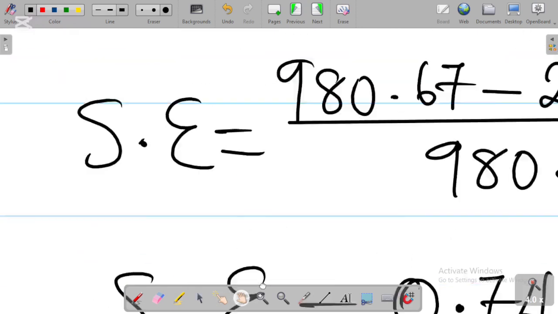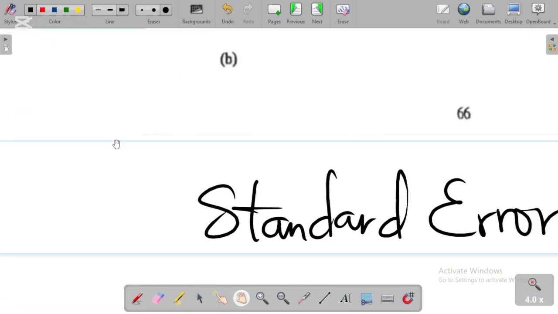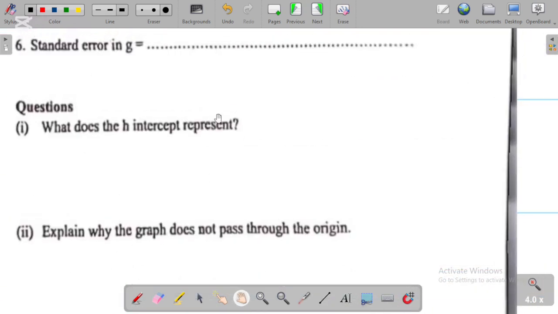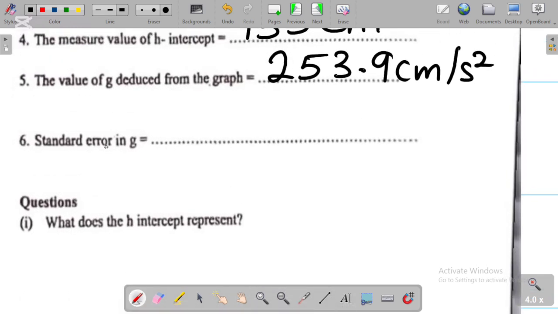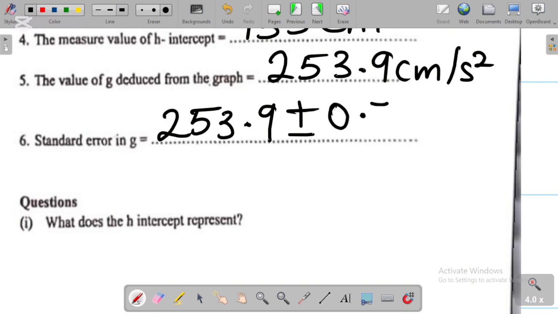All right, so let's write it down. The value of standard error in G is equal to 253.9. You will write the calculated value of G first, and then plus or minus, you write the value of the standard error, which is 0.74.